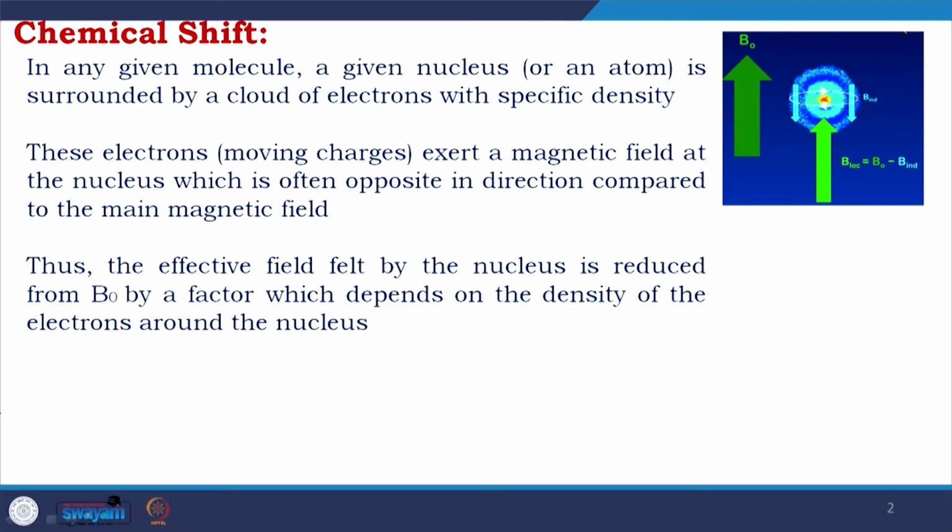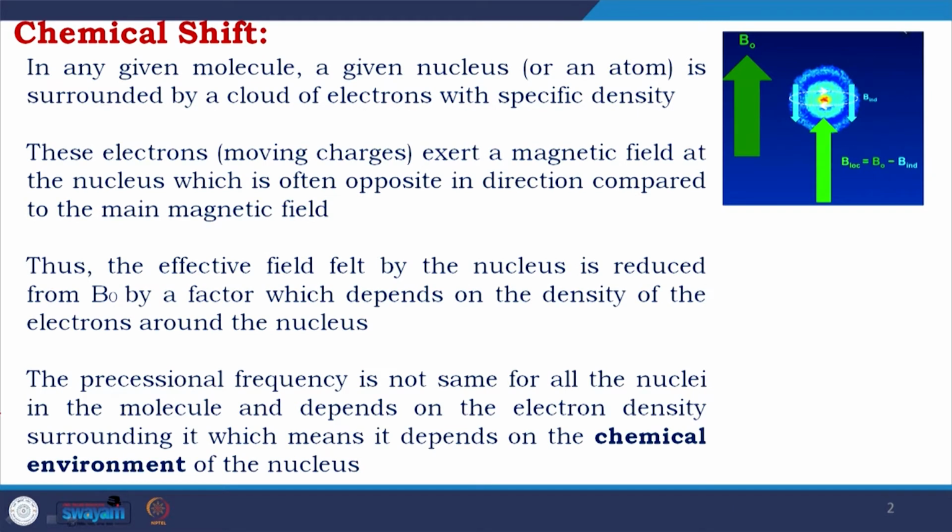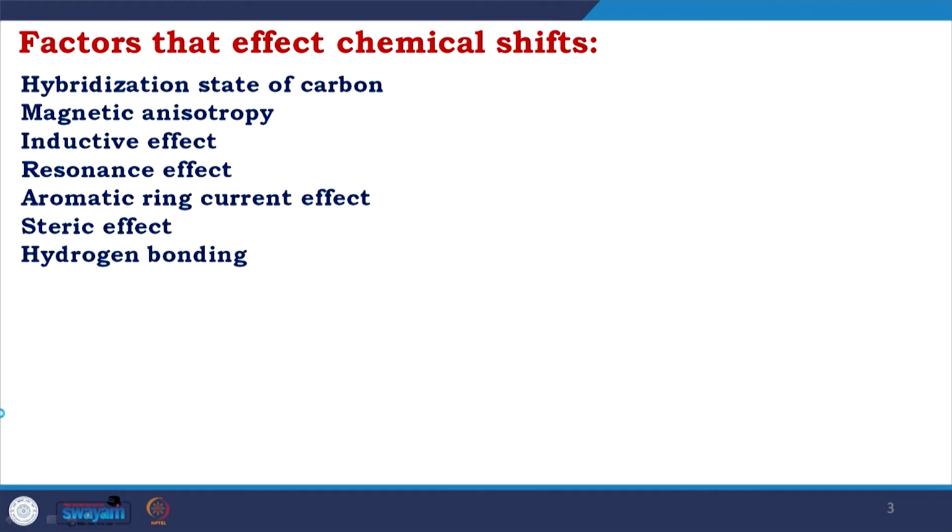Thus, the effective field felt by the nucleus is reduced from B0, the external magnetic field, by a factor which depends on the density of the electrons around the nucleus. So, if you have more electrons, you have more effect. The precessional frequency is not the same for all the nuclei in the molecule and depends on the electron density surrounding it, which means it depends on the chemical environment of the nucleus. As I told you, a proton and a carbon would be different.